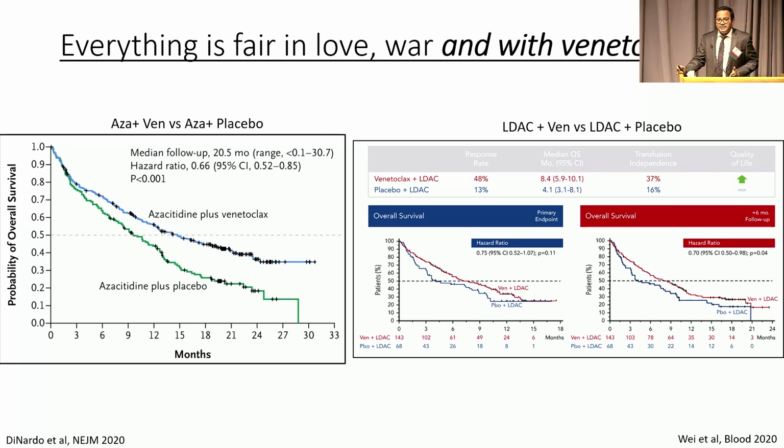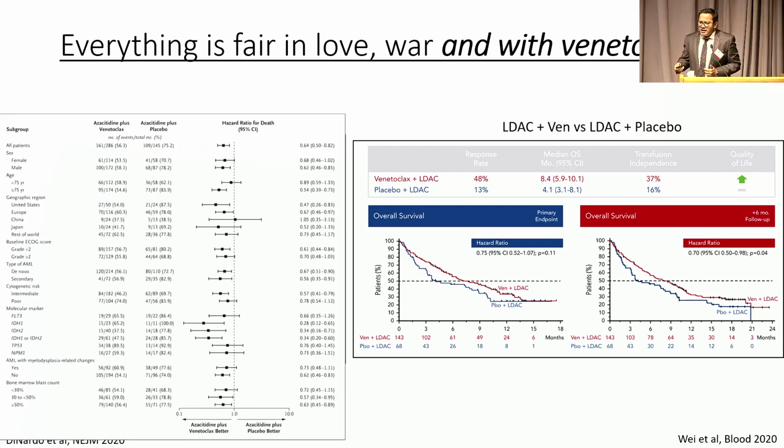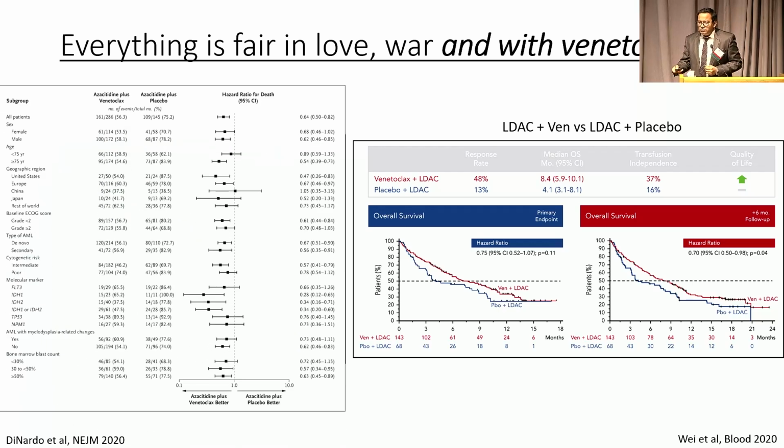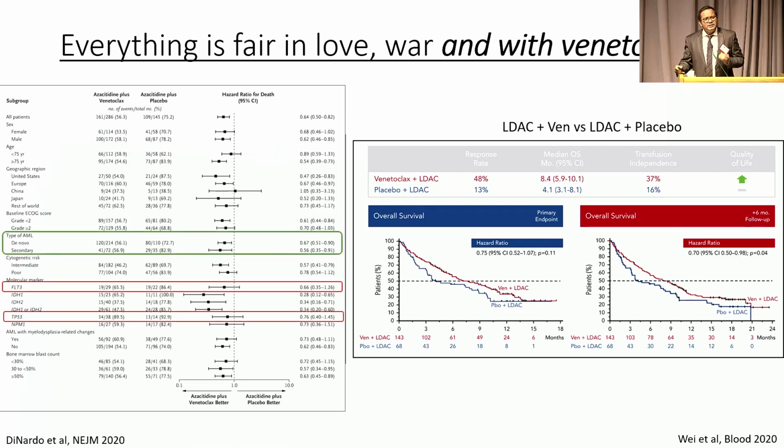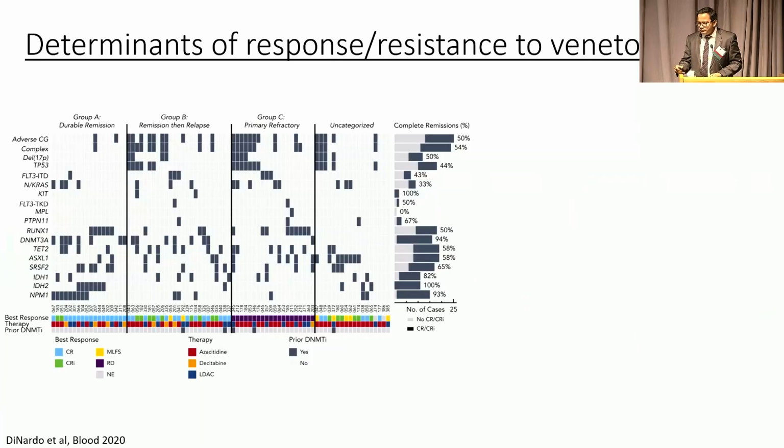These are the data from the VIALE-A and the VIALE-C trials. Wonderful curves, splitting early on, median survival doubles, especially with the HMA, and some early snippets into the biology of the disease show that even patients clinically defined as secondary AML still do better when Venetoclax was administered to them.